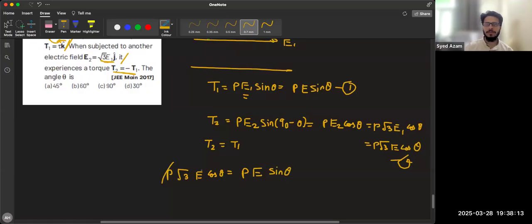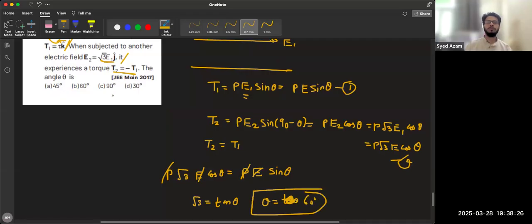P will cancel this P, E will cancel this E. Your root 3 is tan theta. And your theta will be 60 degrees. So 60 degrees. Note it down.